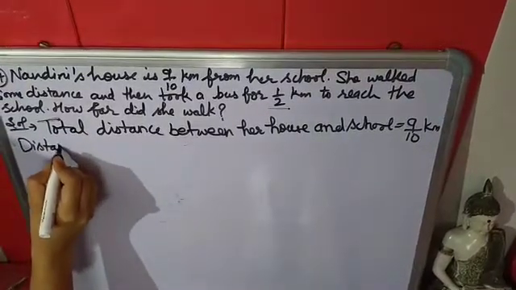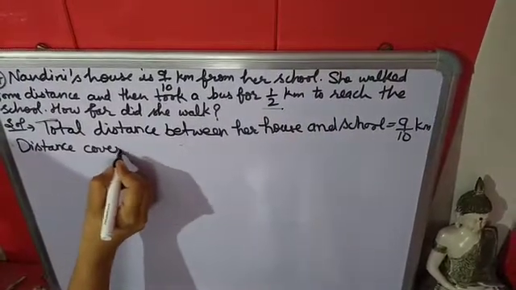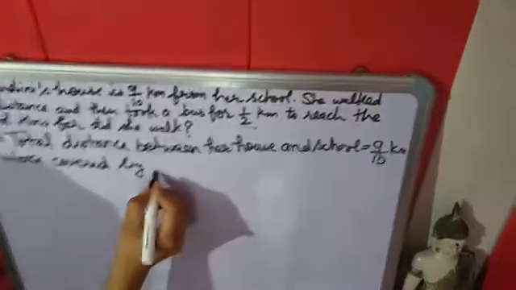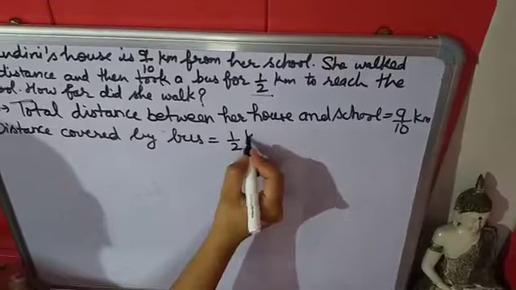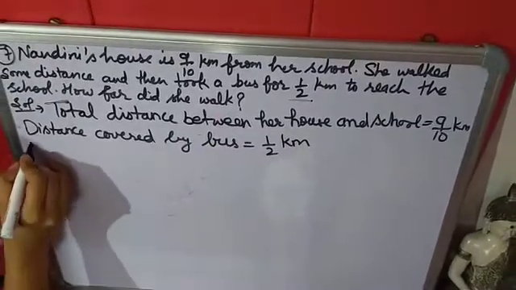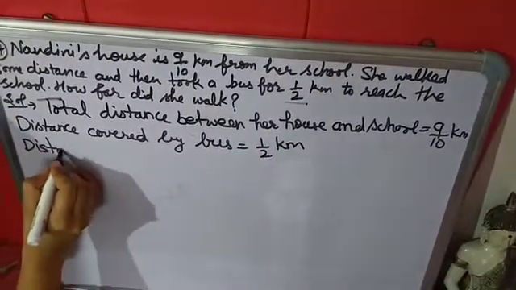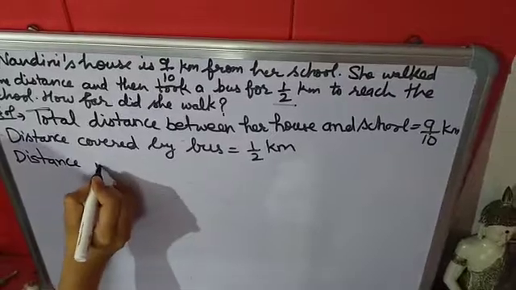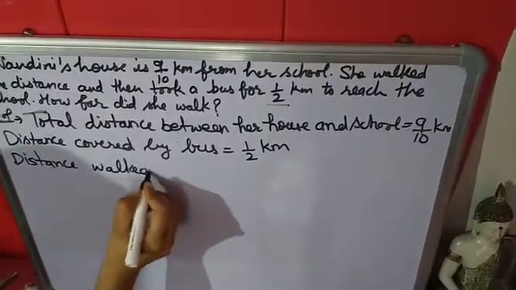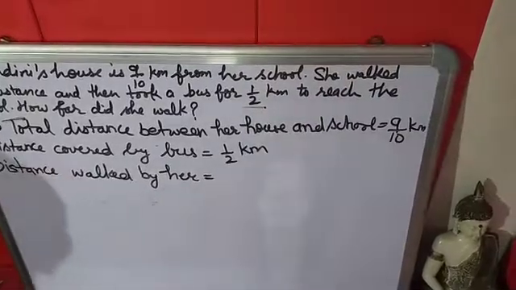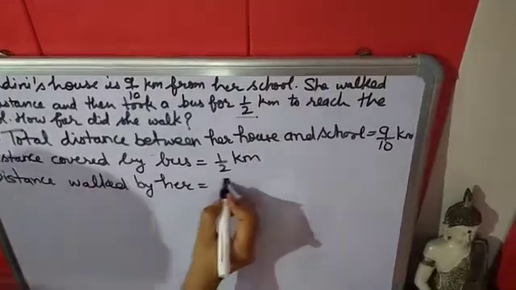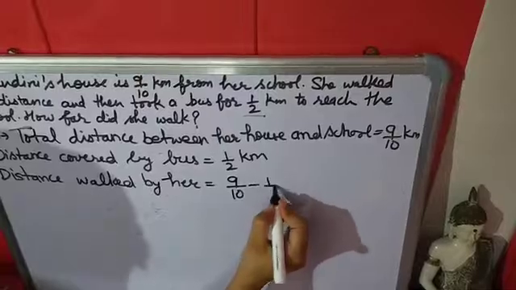Distance covered by bus is half kilometer. Distance walked by her. For this we will do minus, 9/10 minus 1/2.